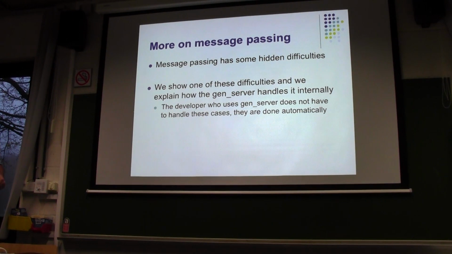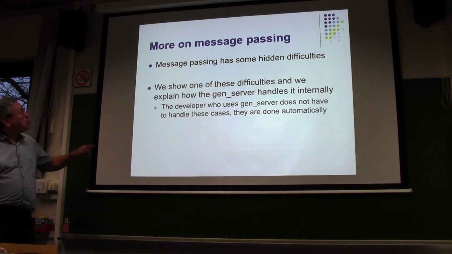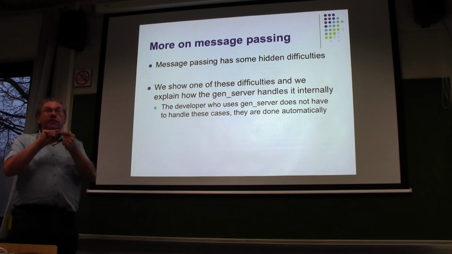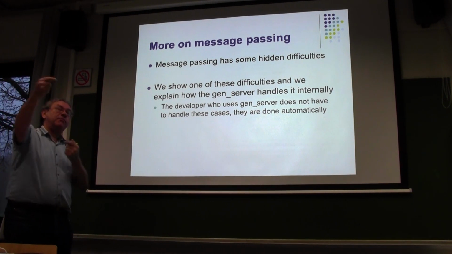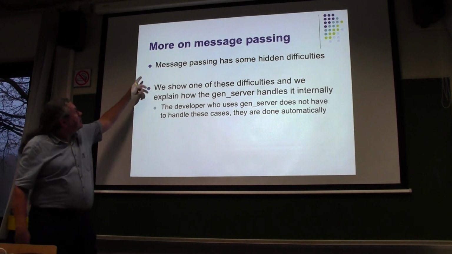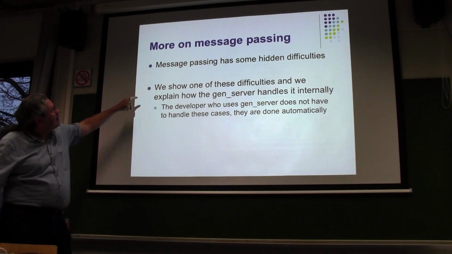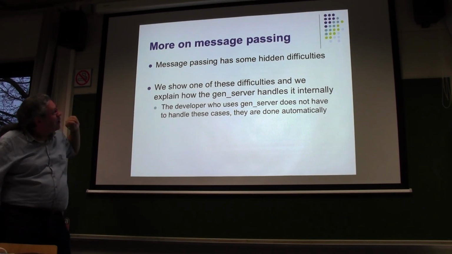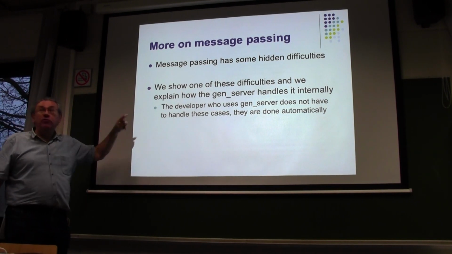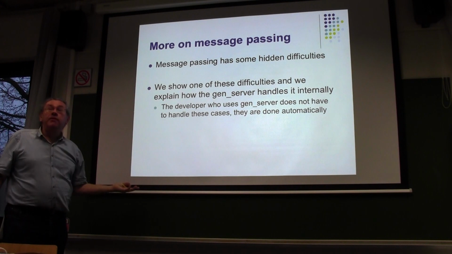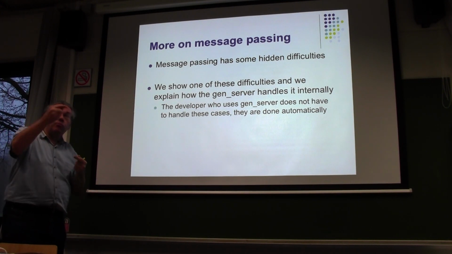So here's a simple example. Message passing: you send a message from one process to another, and sometimes you wait for a reply. But sometimes it's tricky. There are hidden difficulties. You can have race conditions sometimes.